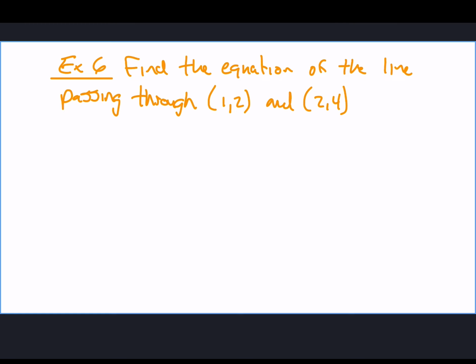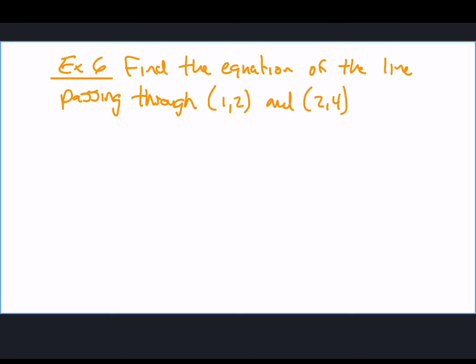What two things do we need to use the point slope formula? A point and the slope. For the point slope formula, you need a point and the slope.